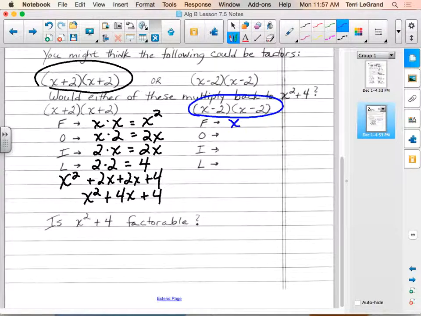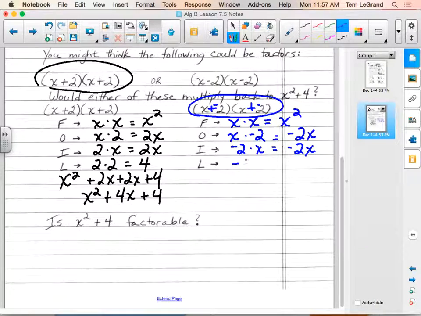Well, the F step is x times x, which is x squared. Doing good so far. And then the O step, if we change these to add the opposite, like we're supposed to, the O step is x times negative 2, which is negative 2x. The I step is negative 2 times x, which is negative 2x.